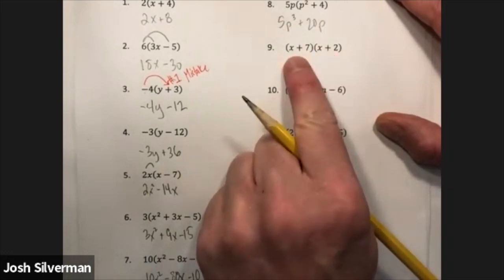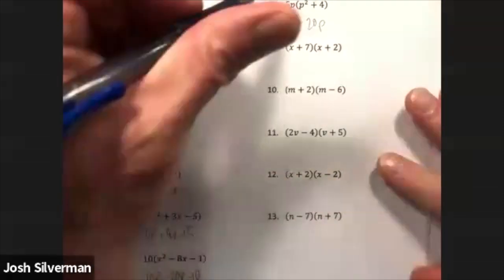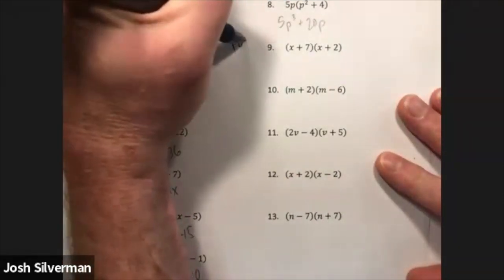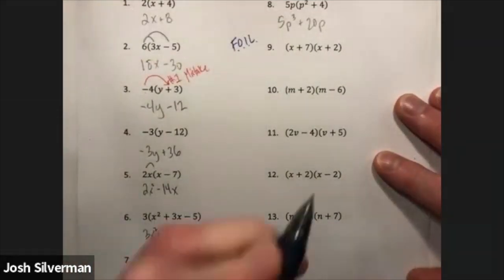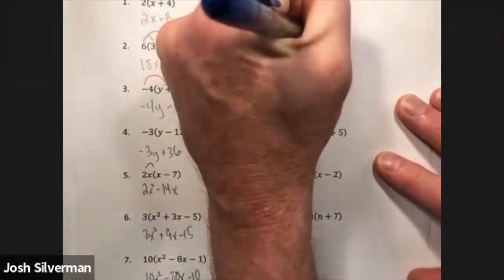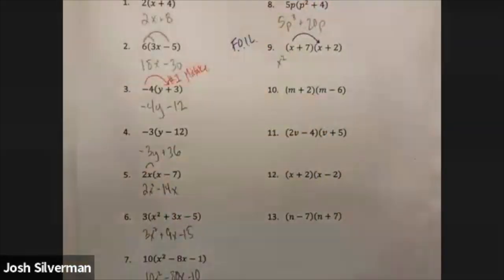All right, here's where we get to binomial distribution. And this is when we use the technique of FOIL. FOIL is an acronym, and it stands for first. You multiply the 2 first pieces together. Outside.